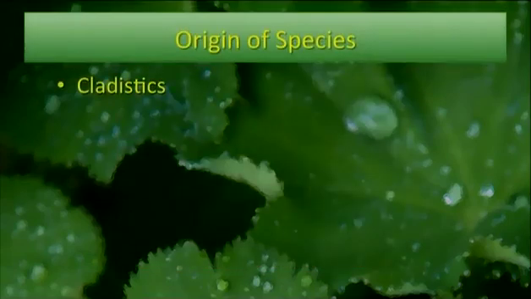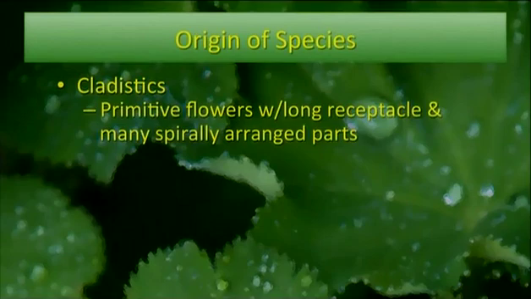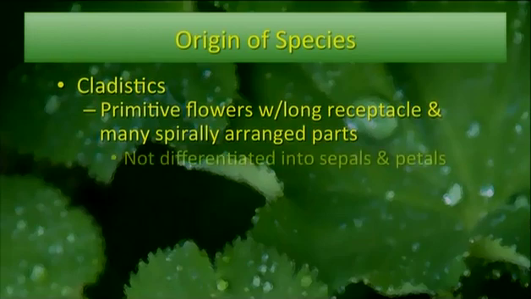So these primitive flowers have a long receptacle and many spirally arranged parts. Generally, some of these parts are not differentiated into sepals and petals. They're just like flaps, like modified leaves, but not visually differentiated into sepals and petals like in more advanced flowers.